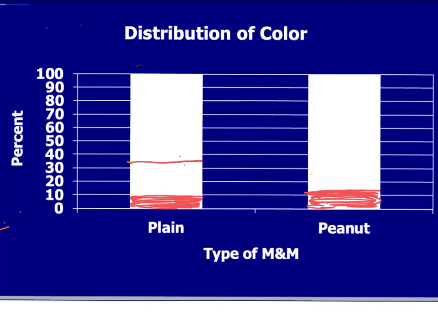There we go. So this represents 25% orange, and we added that on top of the 9% red. And then we have another 12% on the peanut that's orange. So 12 plus 12 is going to give me 24.